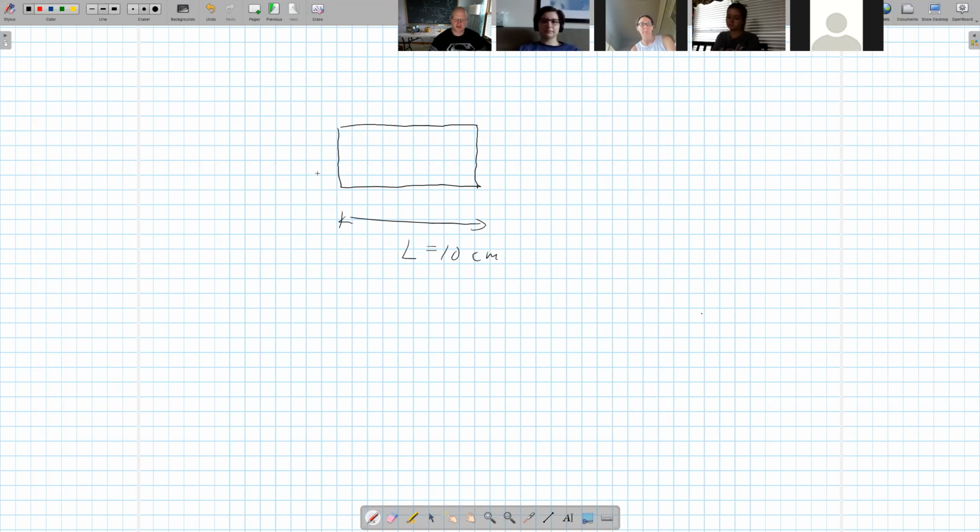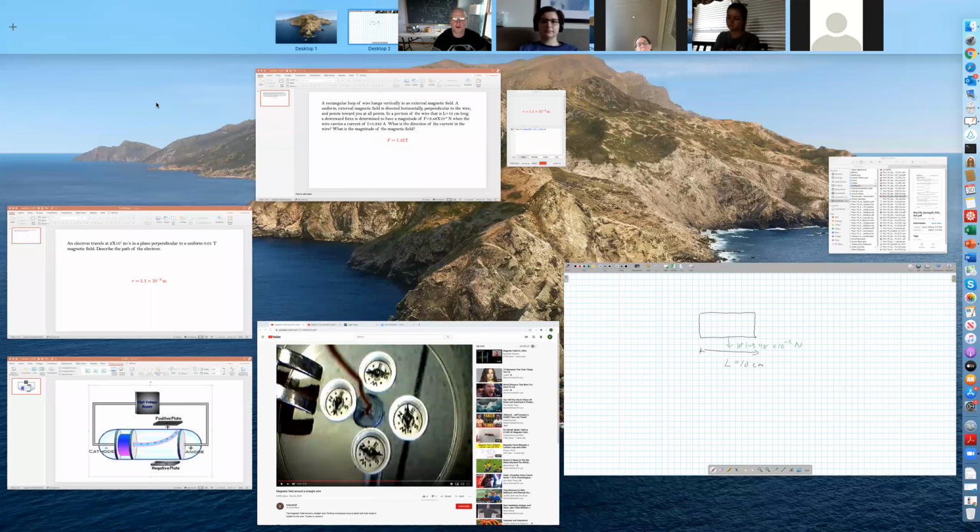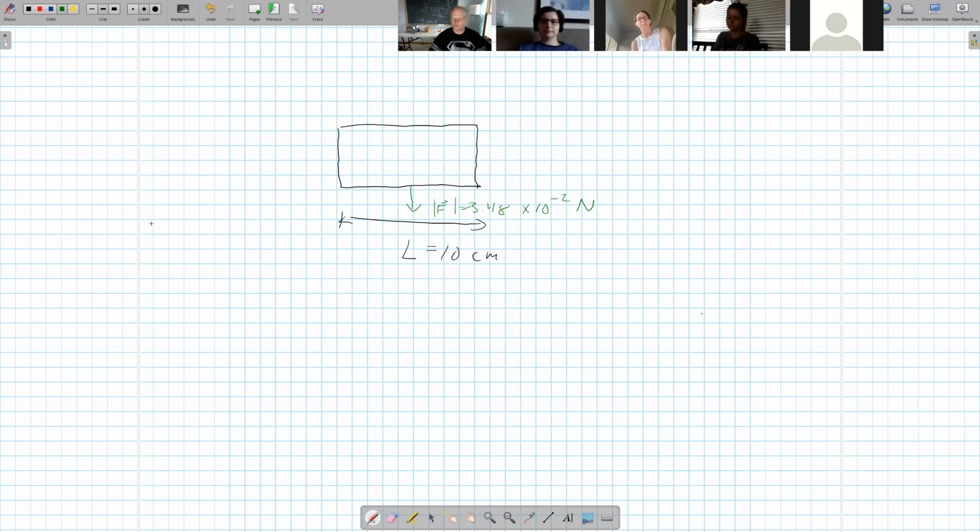Now it tells me that there's current running through here, but what I care about is the fact that down on this bottom portion, there is a force where that force is pointing downward, and the magnitude of that force is equal to 3.48 times 10 to the minus 2 newtons. 3.48, right? Yeah, good. So from here, the first thing we want to know is what is the direction of the current? So meaning, is the current in this wire running in this direction, or is it running in this direction? So which direction is this guy running?